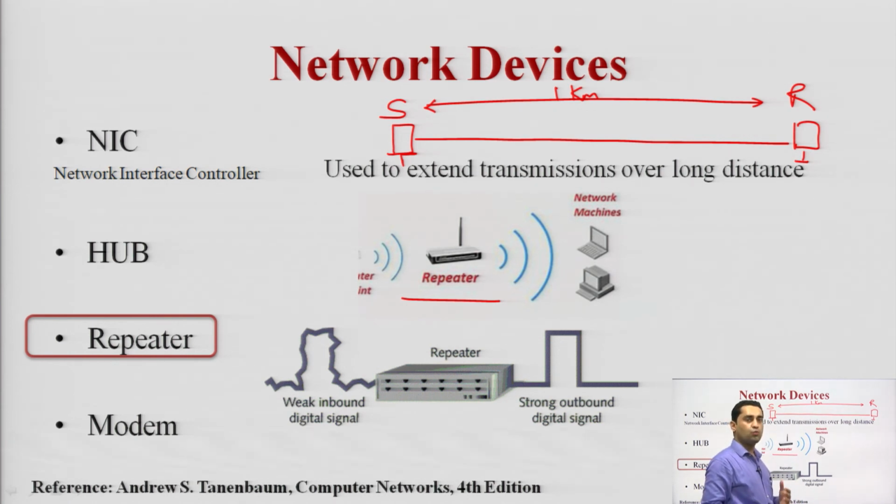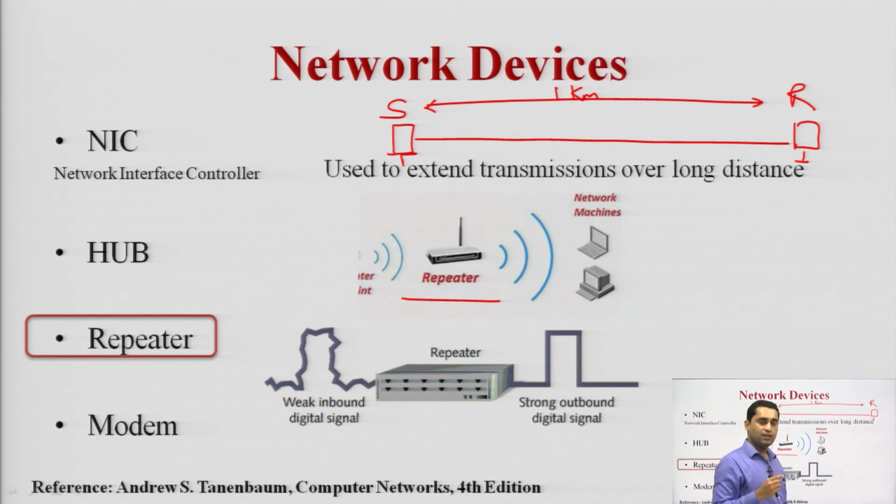Twisted pair preserves the signal for a distance of 200 meters. After 200 meters the signal starts distorting, so we need to restore the original signal. Maybe I am sending a "hello world" which is converted to a signal, and after 200 meters it will distort and one or two bits might be lost.